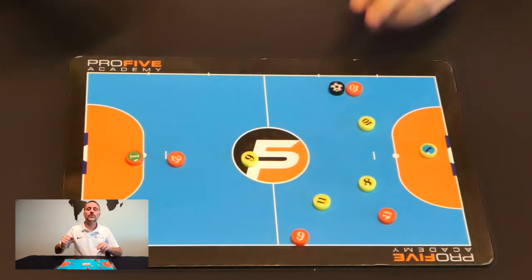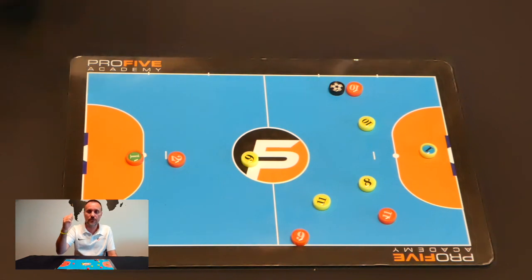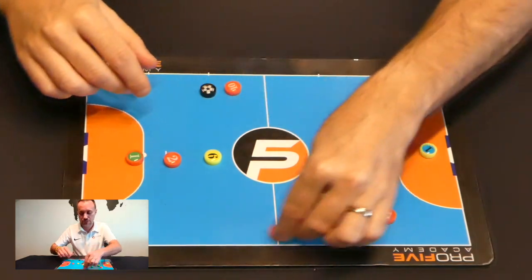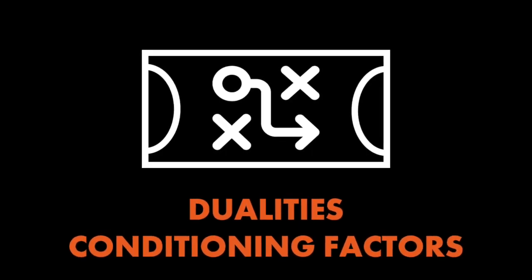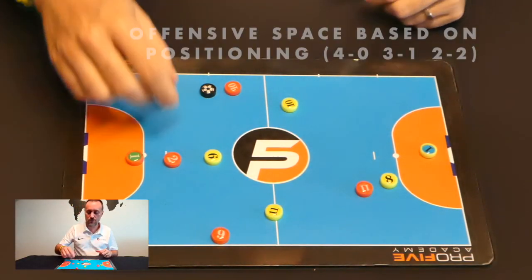Okay, we talked about 5 different dualities working in depth or in a vertical way: parallel, vertical wall pass, diagonal, fold, and backdoor. Now it's time to talk about the different kinds of positioning and how this positioning affects the dualities directly. We have 3 different positionings.